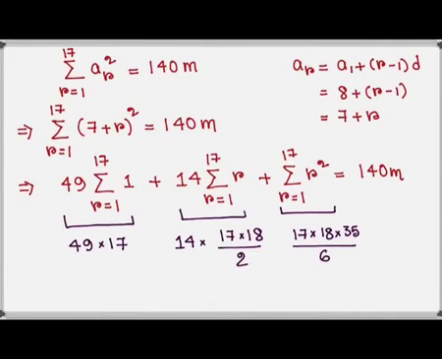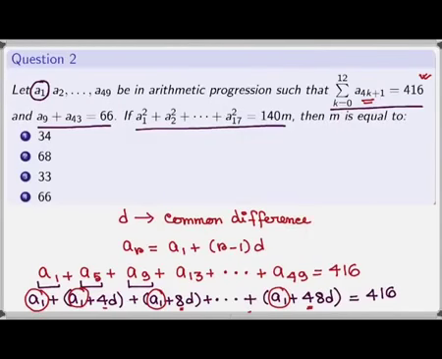Solving this, we get m is equal to 4760 divided by 140, that is m is equal to 34. Therefore the value of m is 34, and so the first option is correct.